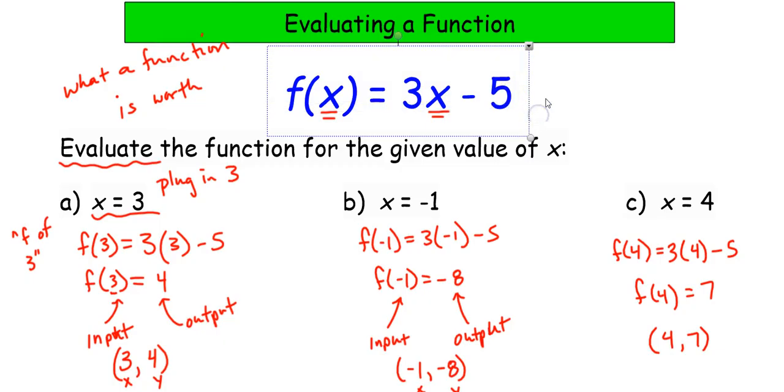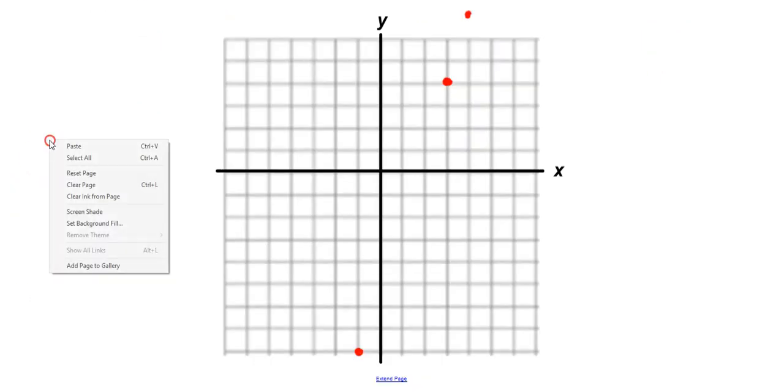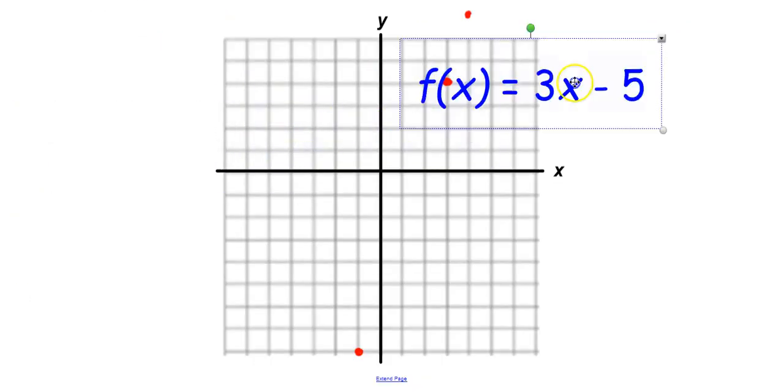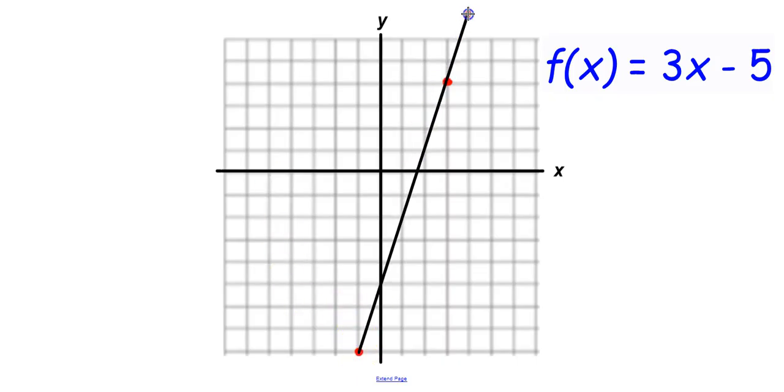We'll just have it handy down below so we can remind ourselves what this is: f of x equals 3x minus 5. And if I draw a line right through these points, they are actually on the same line. And if you remember, this is the graph of a linear function. This is one form that you can put a linear function in.